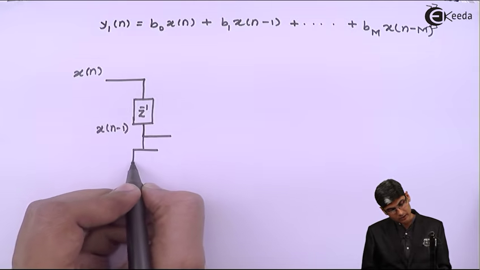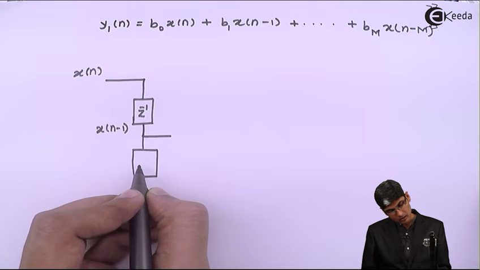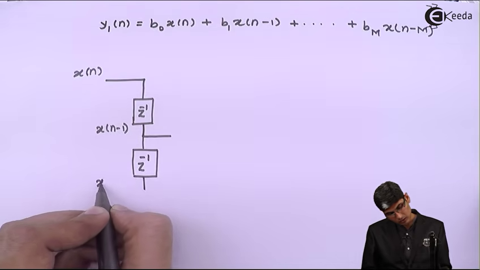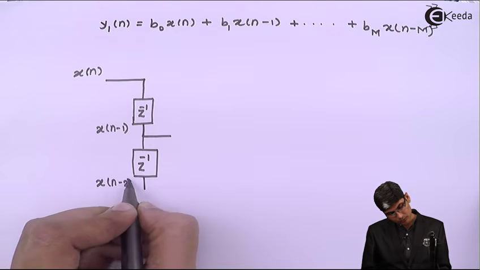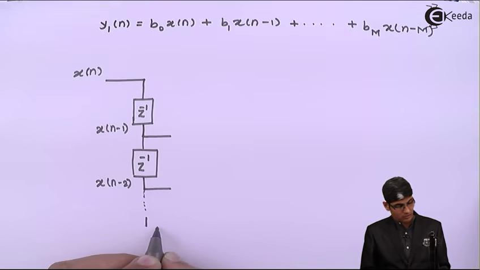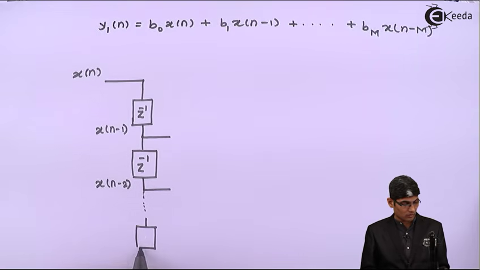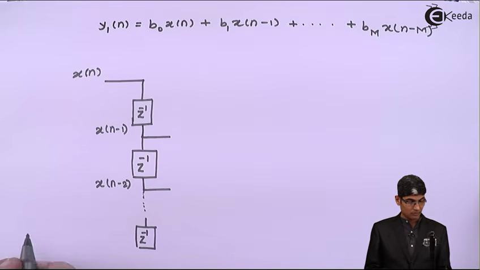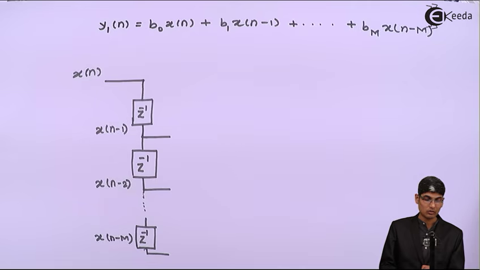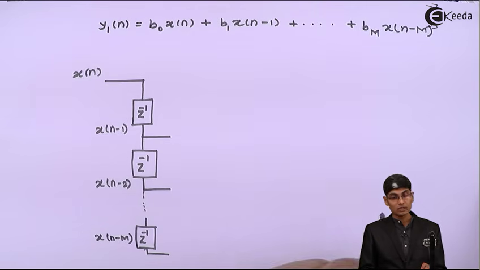Then I will delay it further, and this will be z raised to -1, and here the output will be x of n minus 2, and so on and so forth till the last delay block, which is the mth delay, and this gives me x of n minus m. Now you got the outputs.